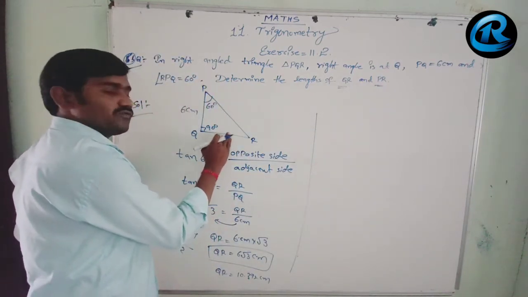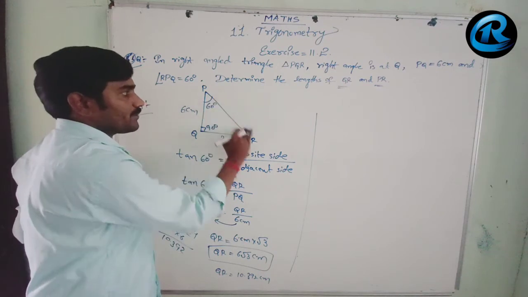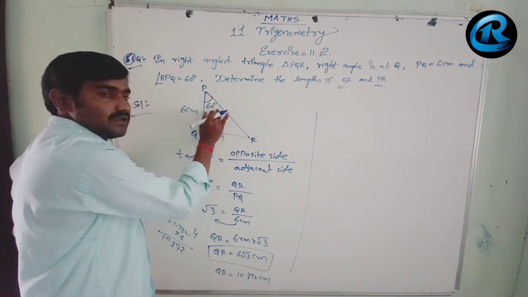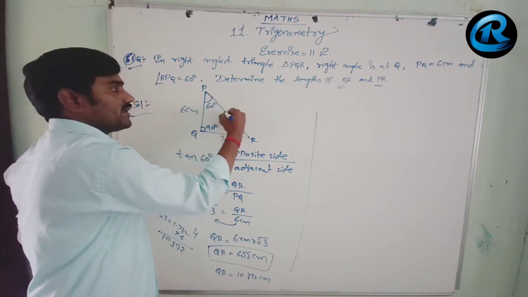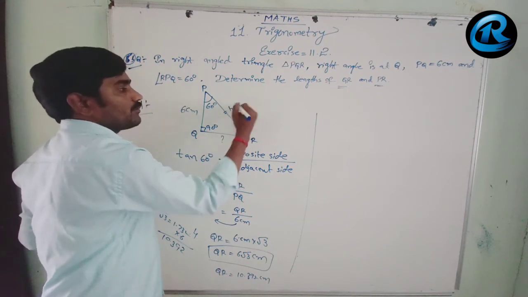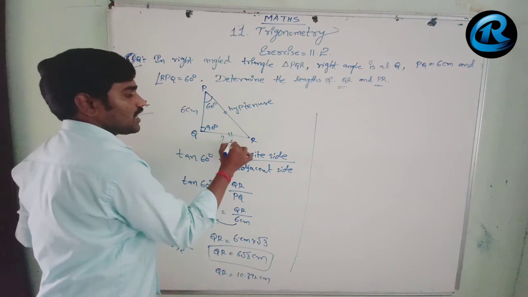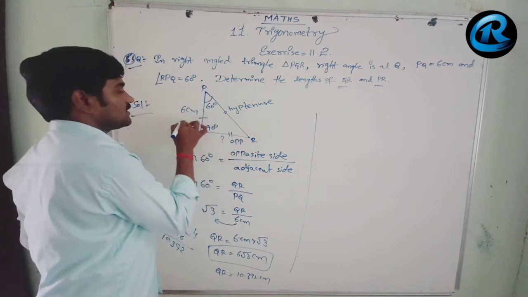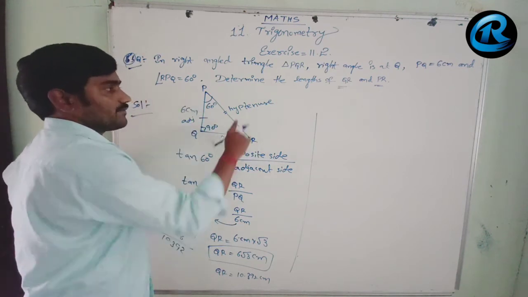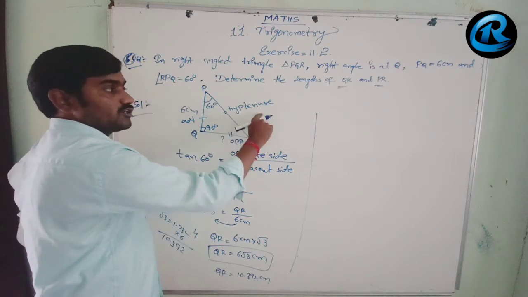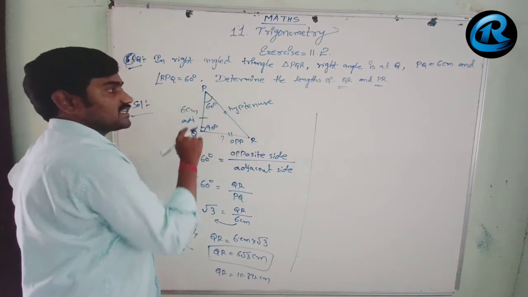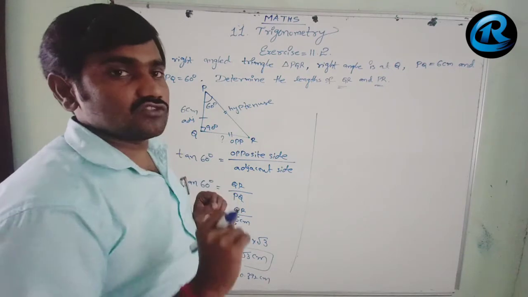Now we know this, forget about this. Now we need to find out PR. For this angle, PR is known as the hypotenuse. This is the opposite side and this is the adjacent side. Adjacent side is given, hypotenuse we need to find.